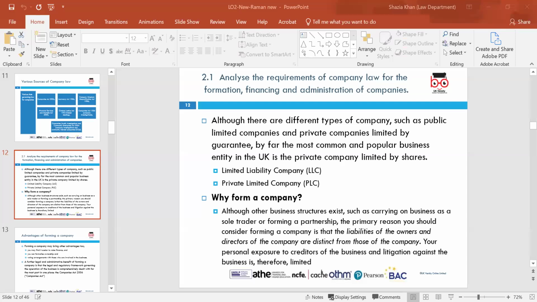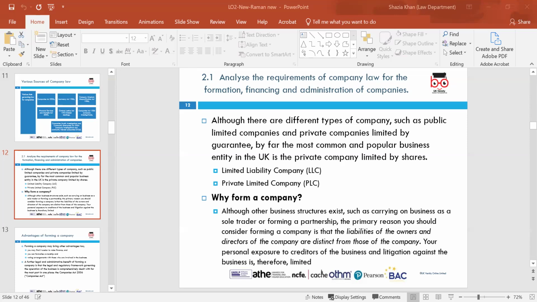So like we said, a company is an association which has the character of a legal person distinct from its shareholders. A company is formed with a certificate of incorporation, which is issued by the appropriate governmental authority. A certificate of incorporation is issued when the constitutional documents of the company, together with statutory forms, have been filed.